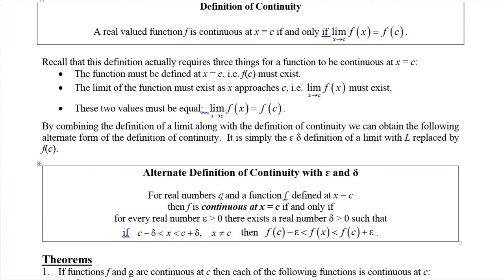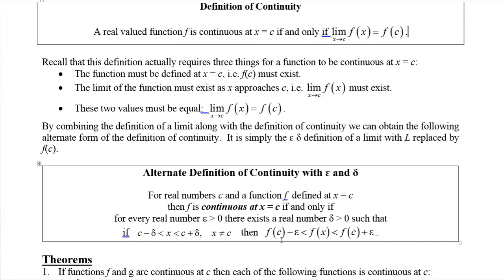For real number c and a function f defined at x equals c, f is continuous at x equals c if and only if, for every real number epsilon greater than 0, there exists a corresponding real number delta greater than 0, such that if x is between c minus delta and c plus delta, c minus delta is less than x, which is in turn less than c plus delta, but x is not c, then f of c minus epsilon is less than f of x, which is in turn less than f of c plus epsilon.